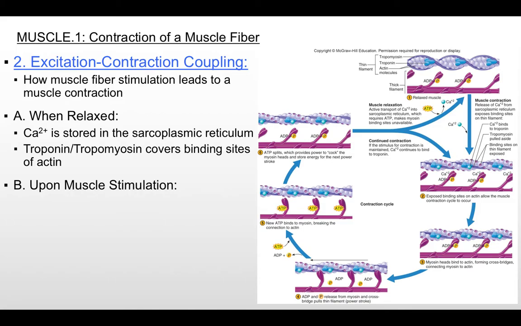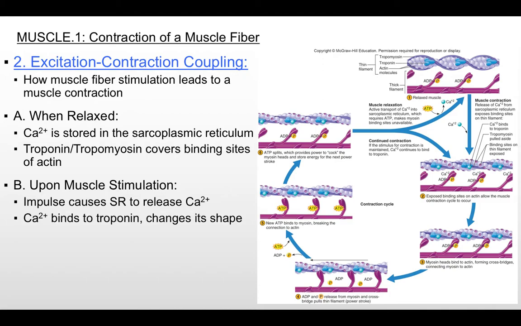When we stimulate the muscle, however, we do the opposite. That stimulation causes the sarcoplasmic reticulum to push out calcium molecules. Calcium is more attracted to troponin than troponin is attracted to actin.